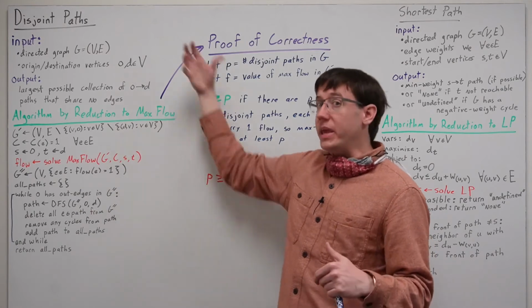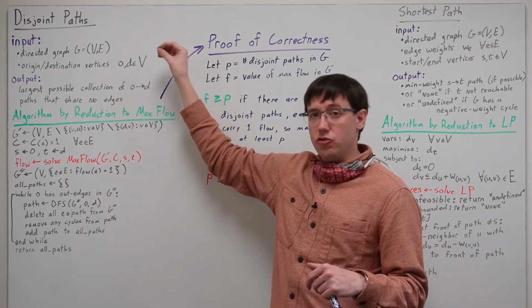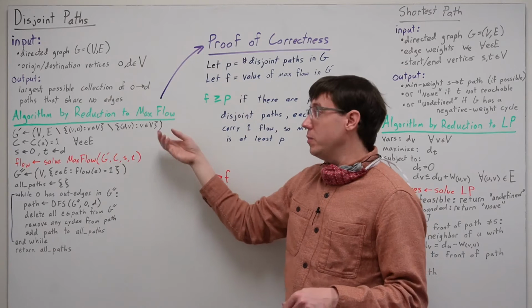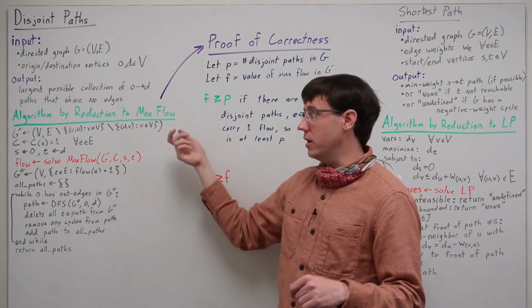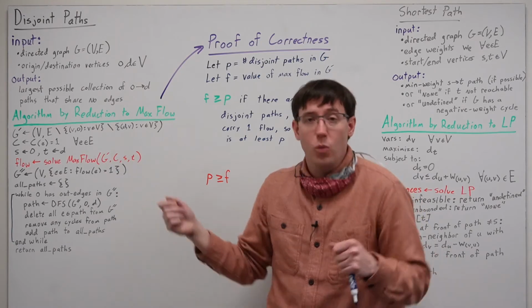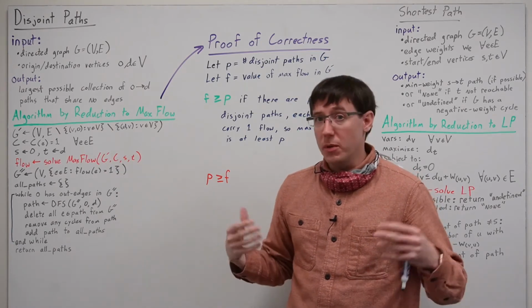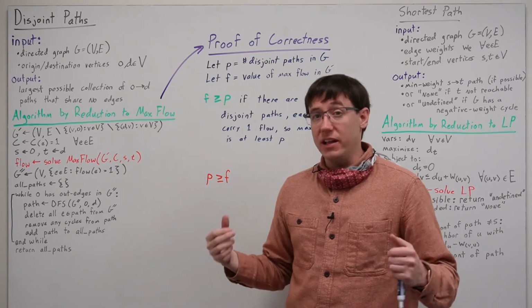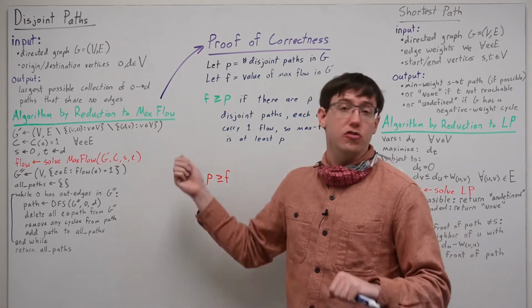So if there were P disjoint paths in G, there must also be P disjoint paths in G prime. And each of those paths can carry 1 unit of flow, so there must be a max flow of value at least P in G prime.